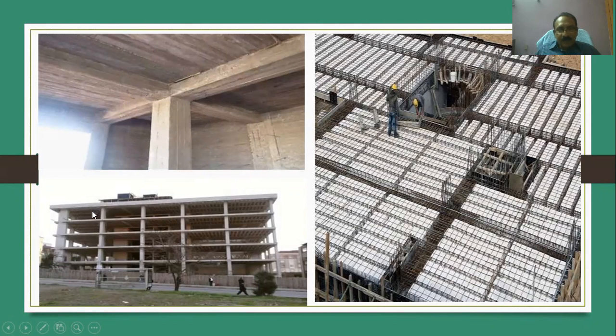This is the skeleton of RCC frame structures, showing your columns, slabs, and beams. This is RCC slab under construction. So this is a different type of construction, RCC construction.